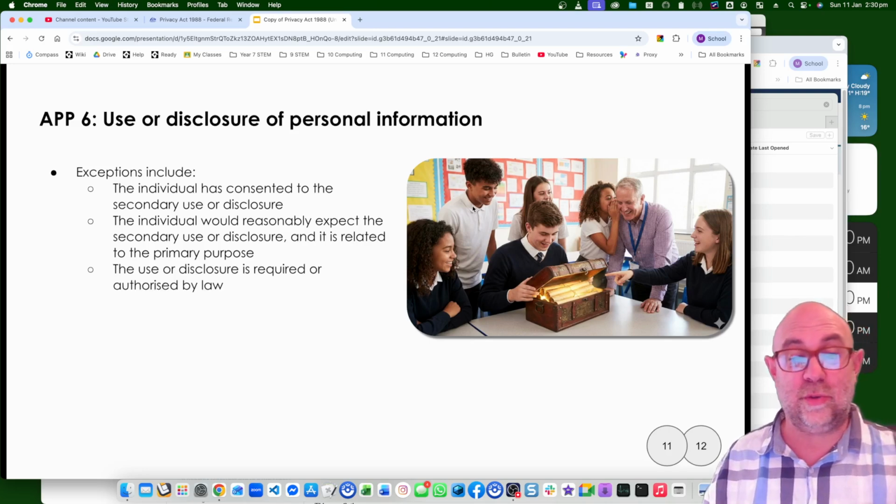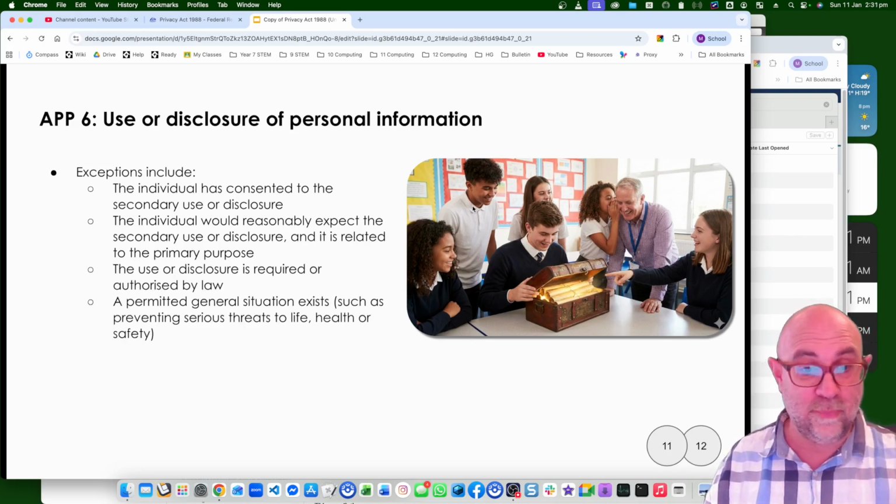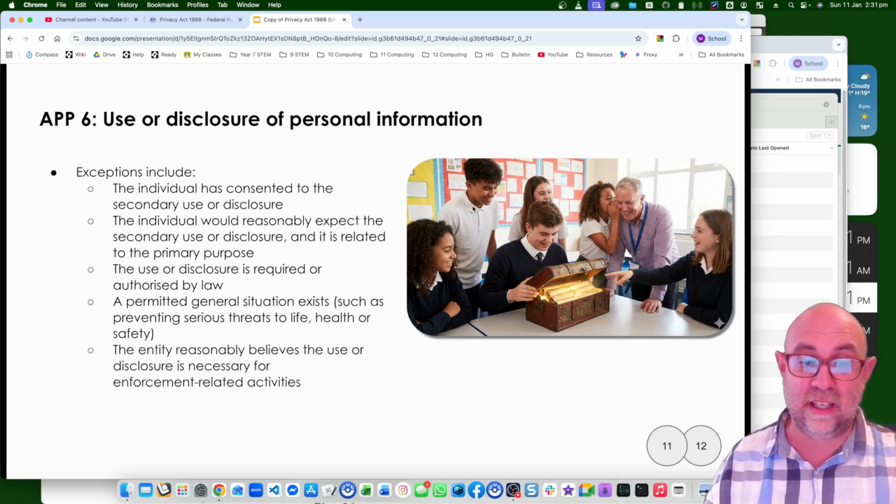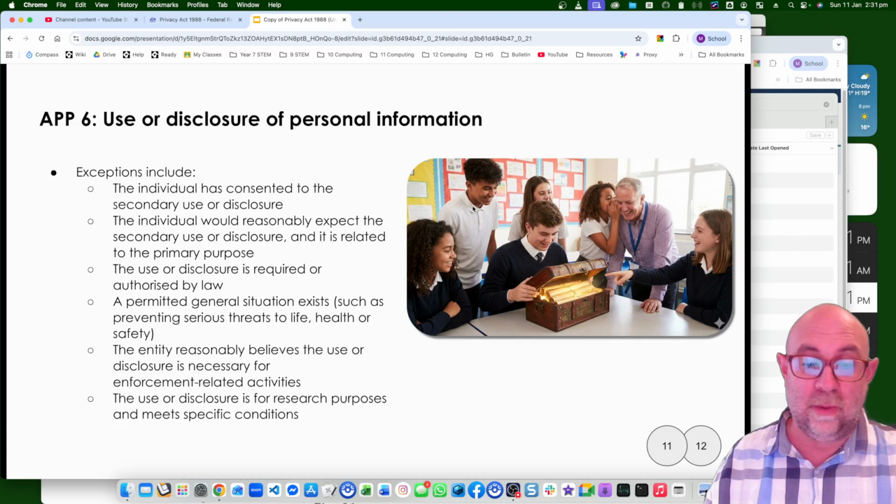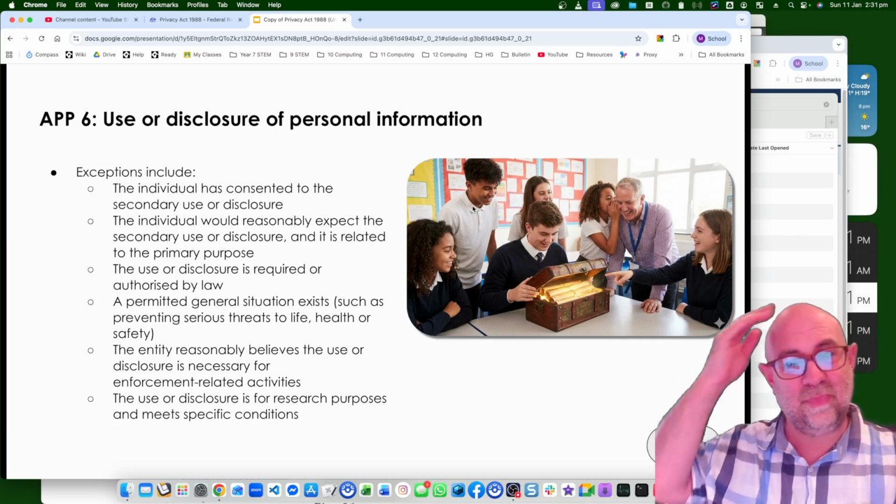The use or disclosure is required or authorised by law. A general situation of permitted use exists, such as serious threat to life, health or safety, law enforcement, and it says research purposes. I suspect for most research purposes you probably actually need permission.